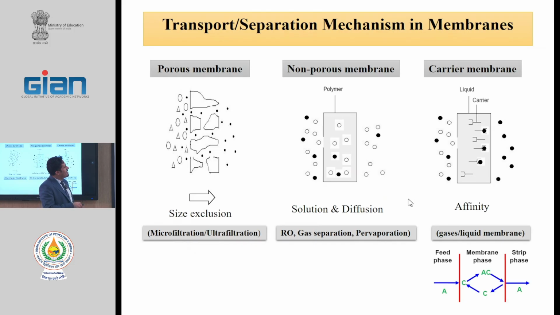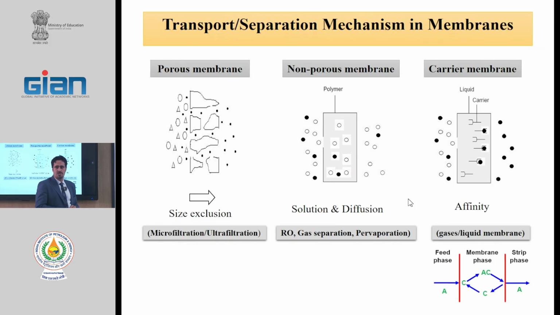In the second mechanism, as I said, active transport, we have a carrier that only reacts with specific species, and after passing, releases them on the permeate side.